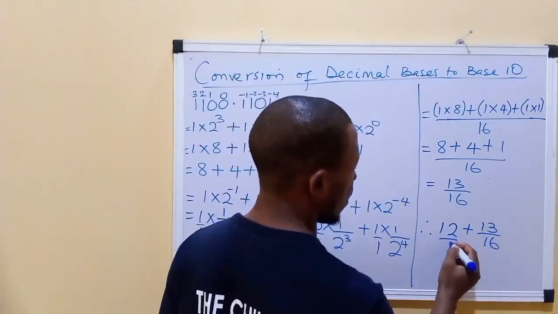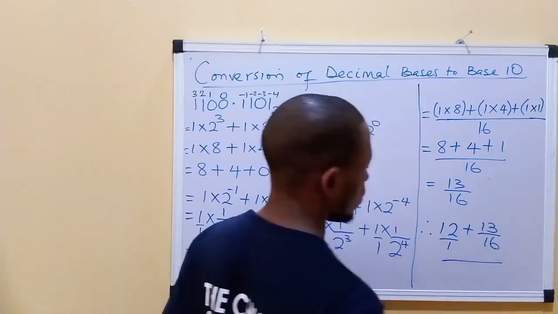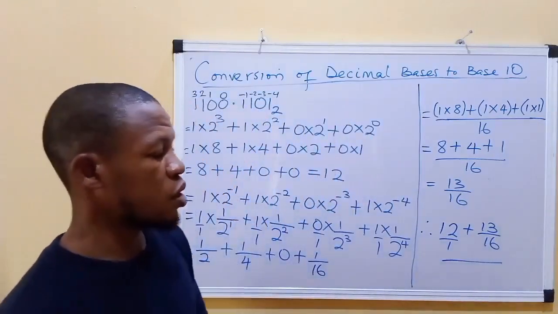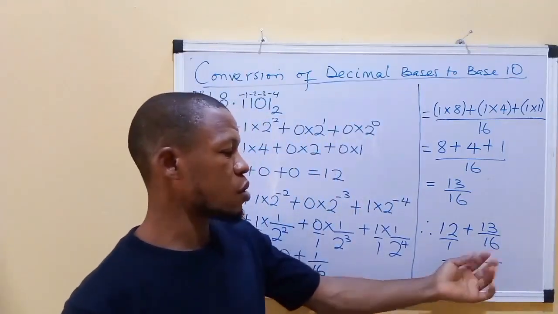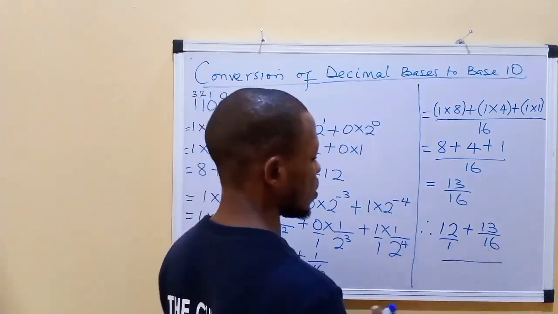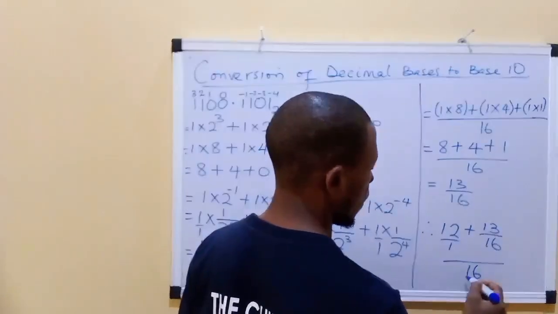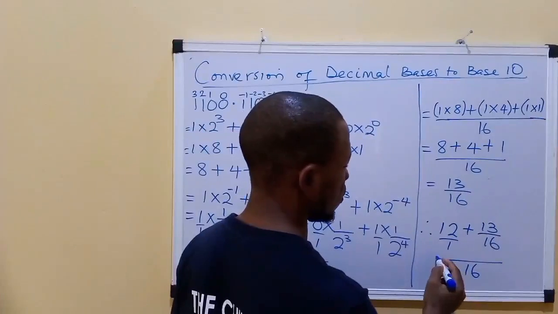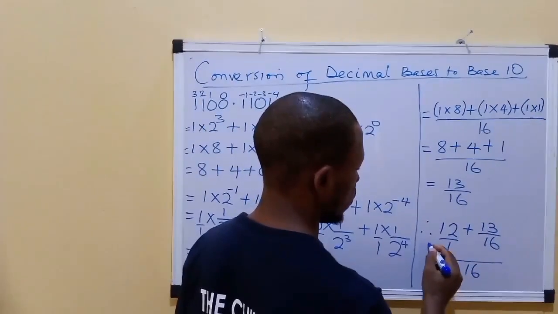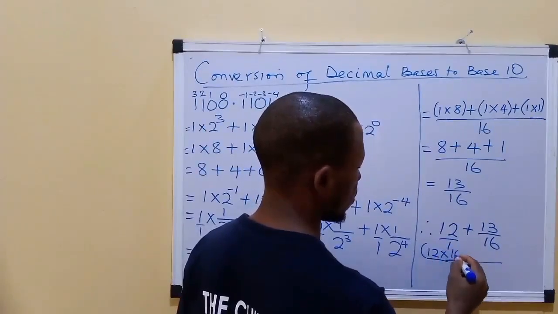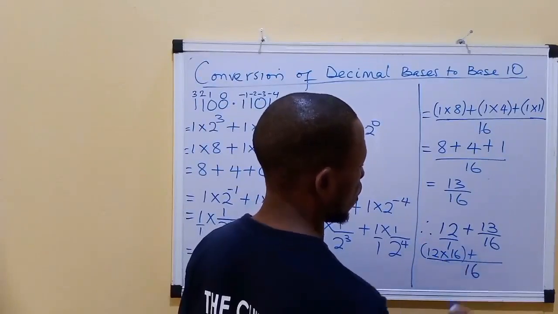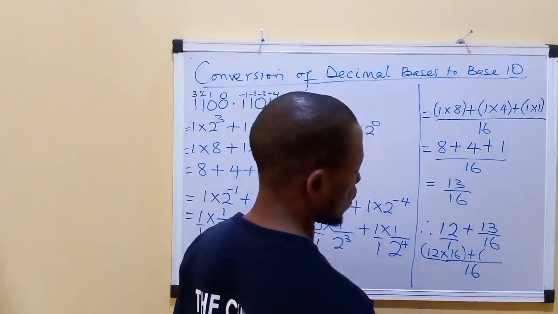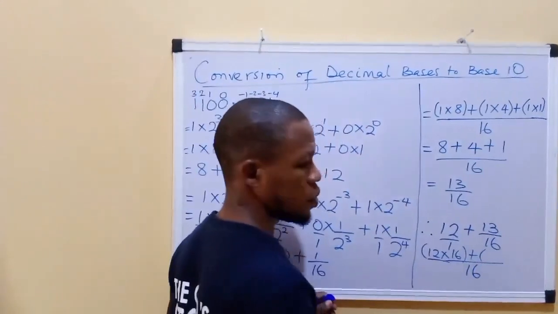We solve this again using addition of fractions. The LCM of 1 and 16 is 16. 1 into 16 is 16, so we have 12 times 16 plus 16 into 16 is 1.